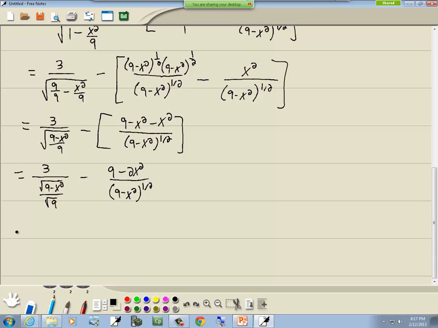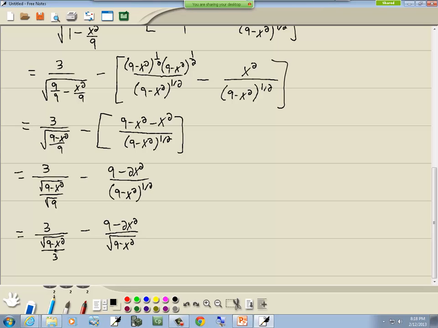Now, over here, we got the square root of 9 minus x squared, and square root of 9 is 3. Minus 9 minus 2x squared, and this 1/2 power, I'm going to go ahead and put that in square root form. So this is going to be 9 minus square root of 9 minus x squared.